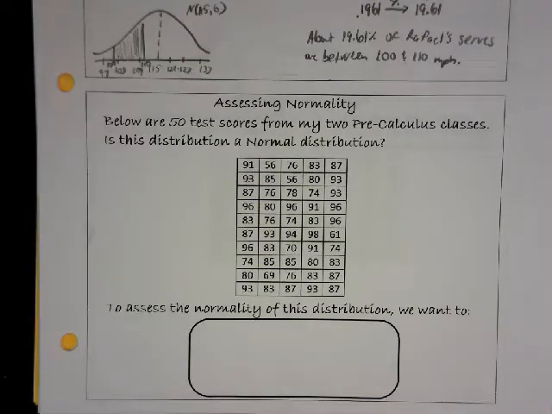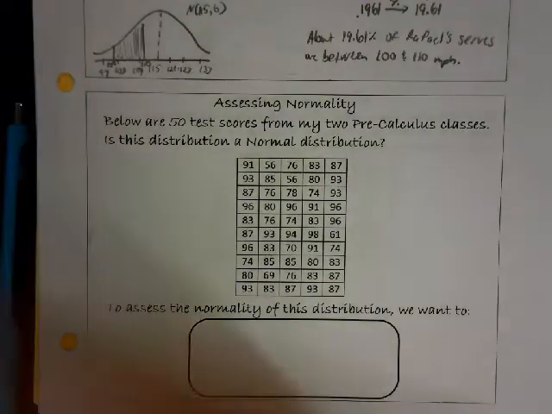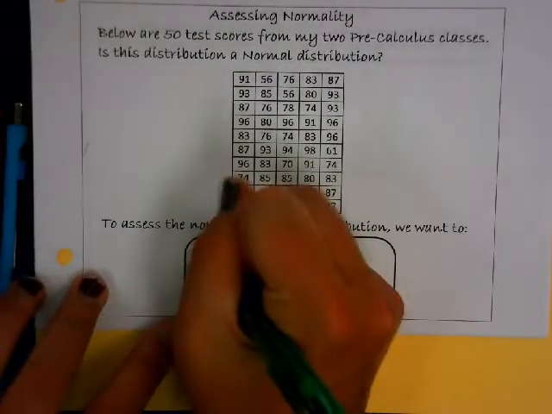When assessing normality, there are two things you want to do. The first is to get a numerical summary, meaning the mean and the standard deviation of the data.